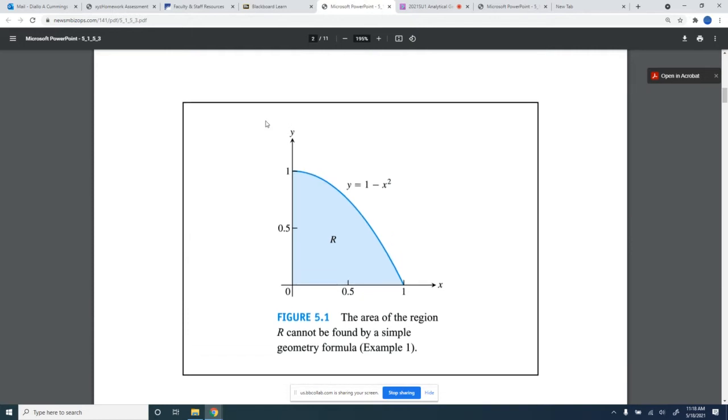Okay, so I want to review a rectangle. At this point I would switch to the document camera, which is not working at this time. So I'm going to switch to OneNote. Just give me a second and let me bring that up.